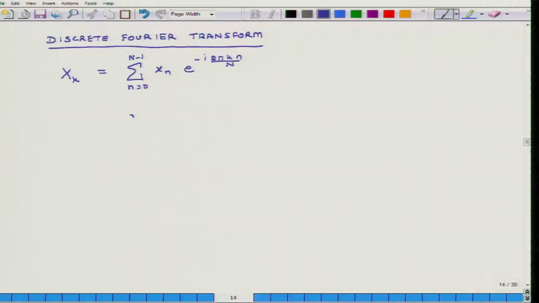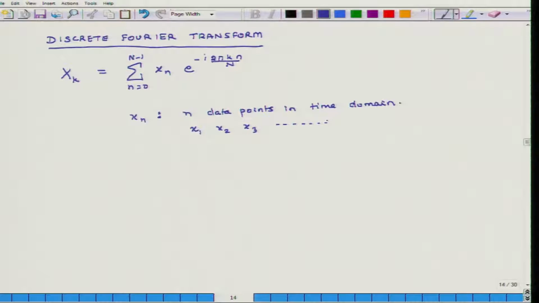So, what is x n? x n corresponds to N data points in time domain. What will their values be? Their values will be x1, x2, x3 and so on.